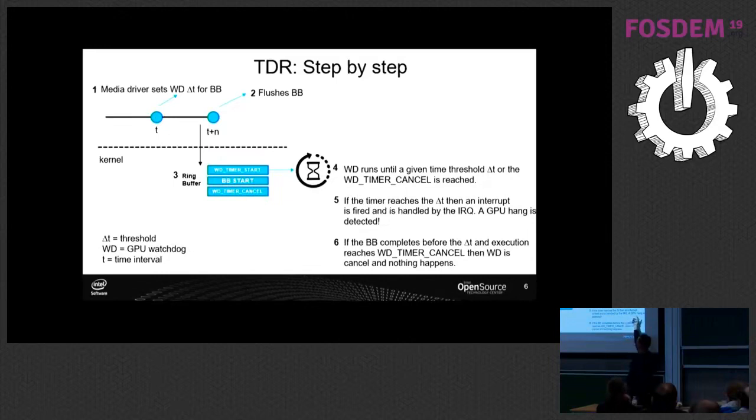That's basically how we're catching that the batch buffer caused the hang. If the batch buffer, on the other hand, completes before the threshold value that you've set, and it reaches the cancel instruction, then the watchdog timer gets canceled, and then nothing happens. So that means that batch buffer is fine, and there's no hang.